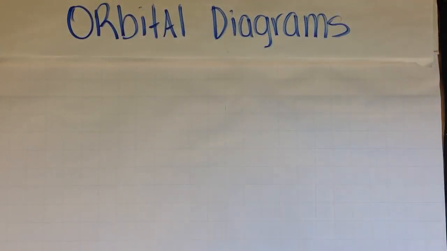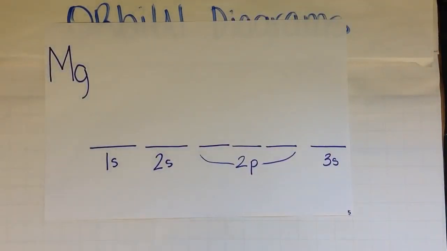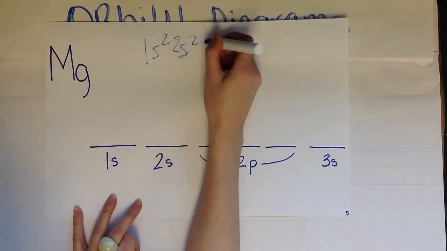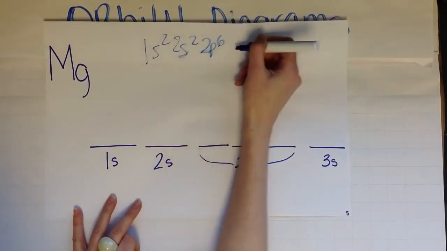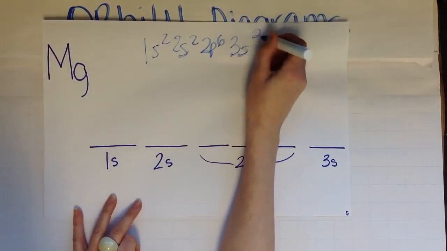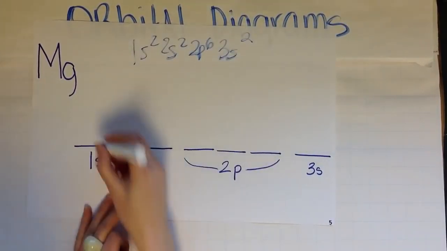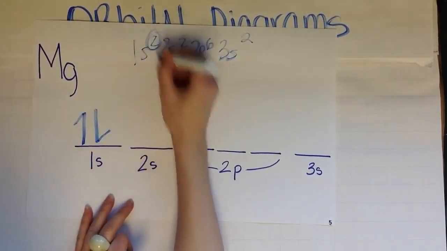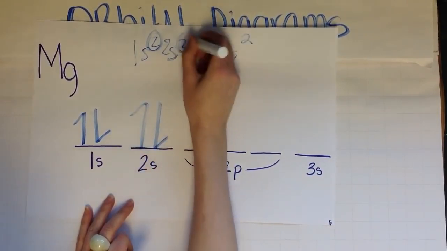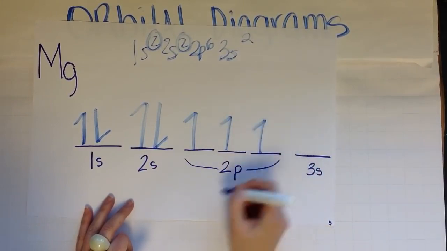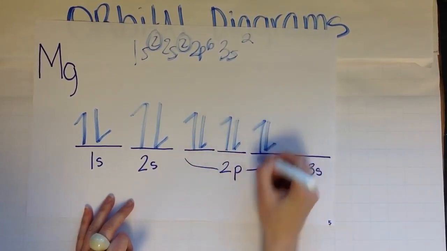And lastly, let's try magnesium. I've got 1s2, 2s2, 2p6, 3s2. You should be using your periodic table to do that. 1 goes up, 1 goes down, 2 there. 1 goes up, 1 goes down, 2 there. Now I'm in the p orbital. 1, 2, 3, 4, 5, 6.